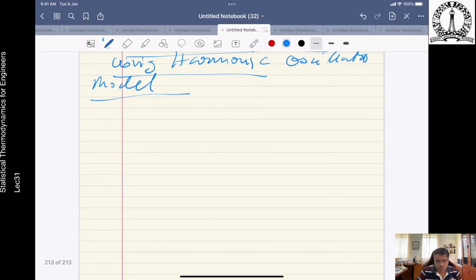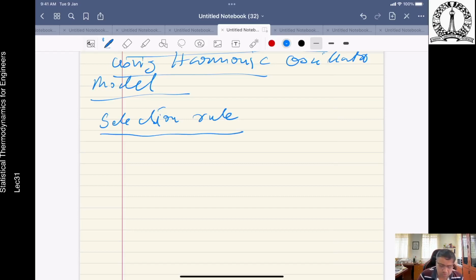The selection rule, similar to the rotational form, is V prime minus V double prime is equal to 1. Once again, V prime corresponds to a higher vibrational energy level, V double prime corresponds to a lower vibrational energy level.